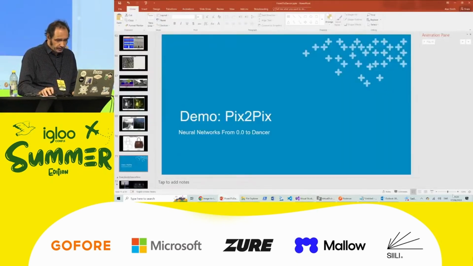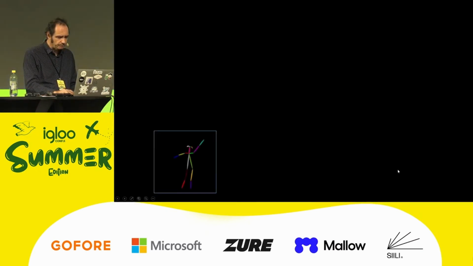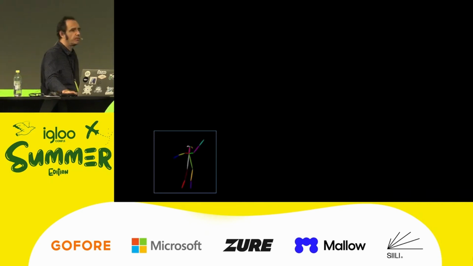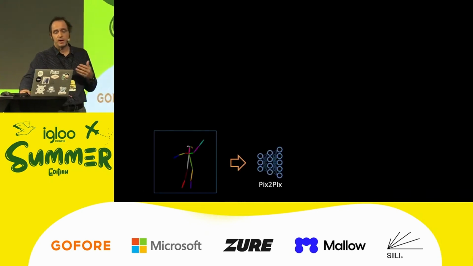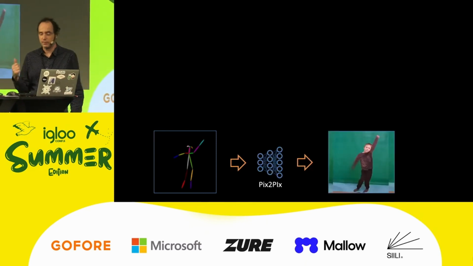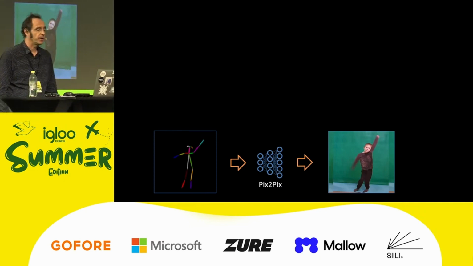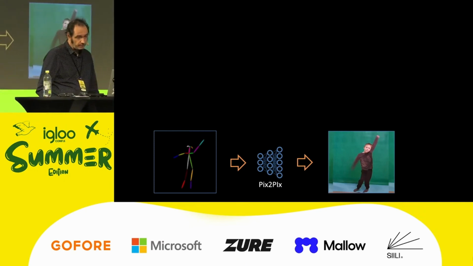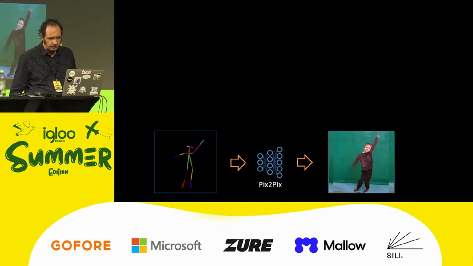So Pix2Pix is actually used in the Everybody Dance Now application. The way that they use it is to take the pose that is generated from OpenPose and convert that through the Pix2Pix network into a person in the position of that pose. That's my son James, who very kindly volunteered to be the first test subject in this.